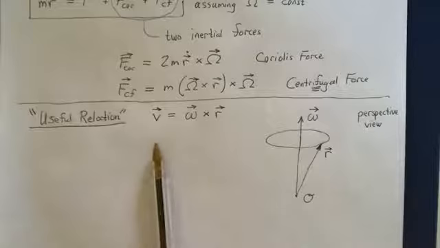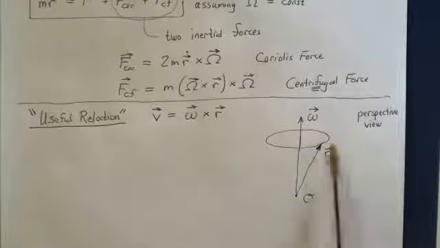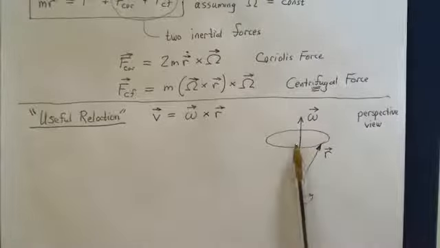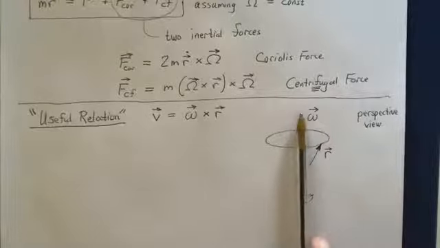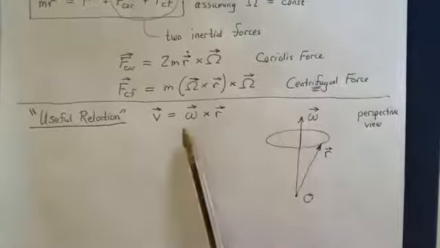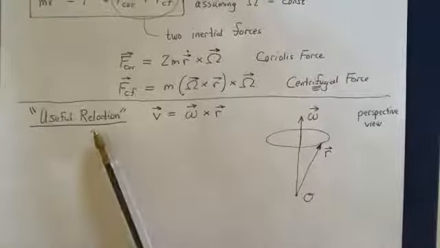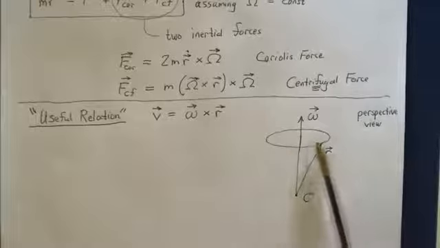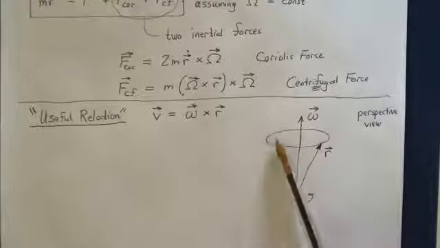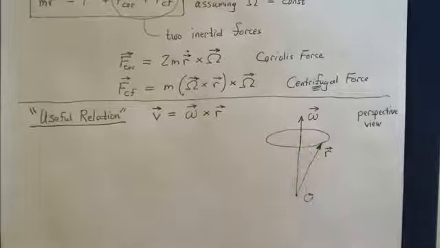It's not an edge-on view. This circular path lies in a plane that is perpendicular to the omega vector. So if this were a side view, this circular path would appear as a horizontal line segment. This is a perspective view. Again, the circular path lies in a plane that's perpendicular to the omega vector.